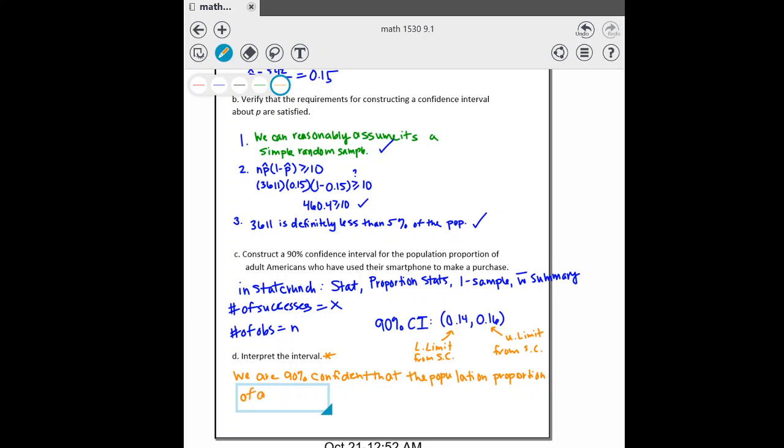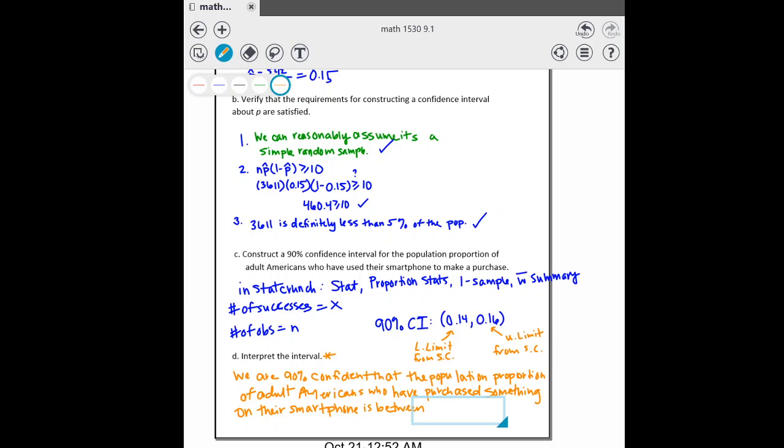of adult Americans who have purchased something on their smartphone is between, I'm going to change these to percentages because usually when we give our interpretation, people understand percentages better.